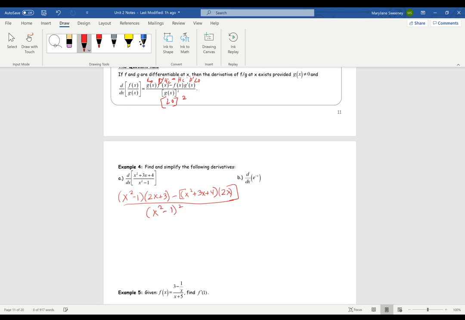So notice I put brackets following that subtraction sign. Once you're going to have more than one thing following a subtraction sign, you want to use the parentheses.